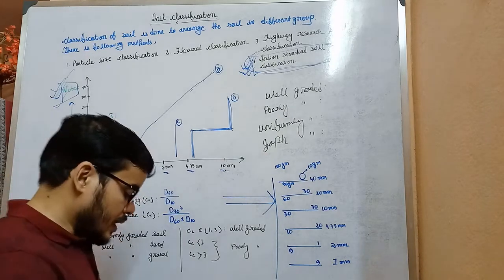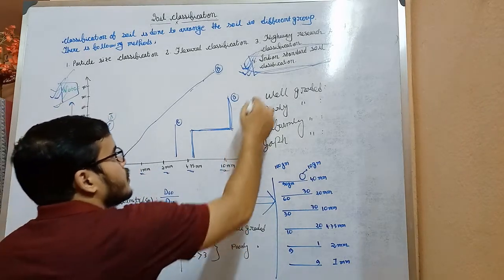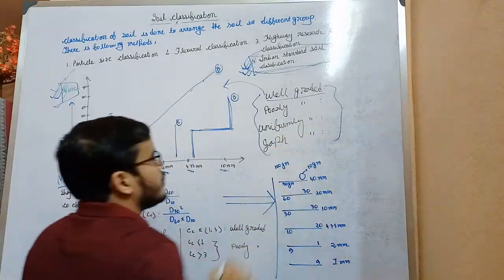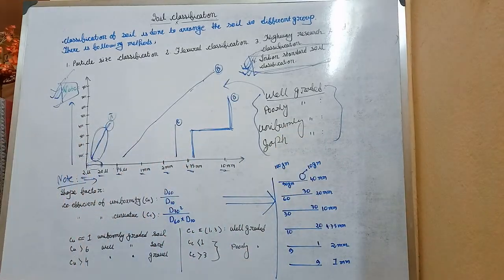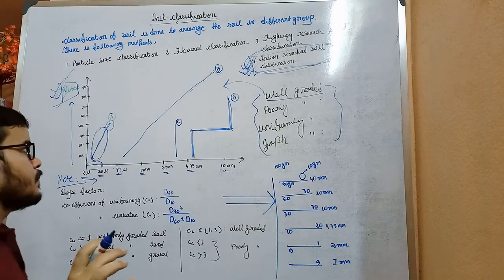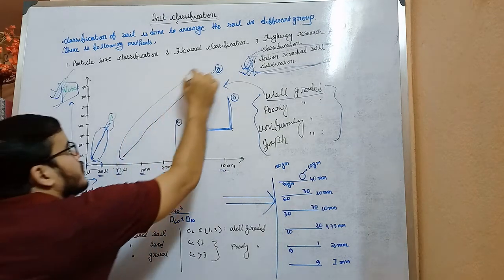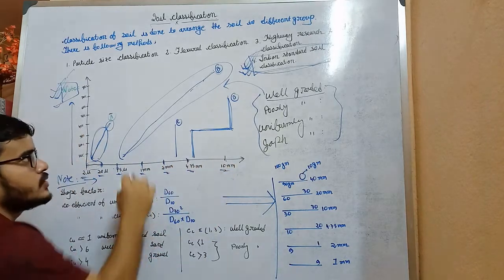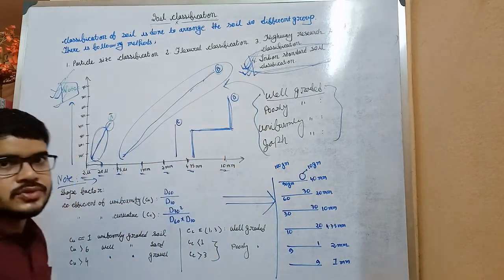After completing the note, now look into this graph. That means all size particles are present in that sample. Different sizes of particle are present, so that's why it is well graded soil.